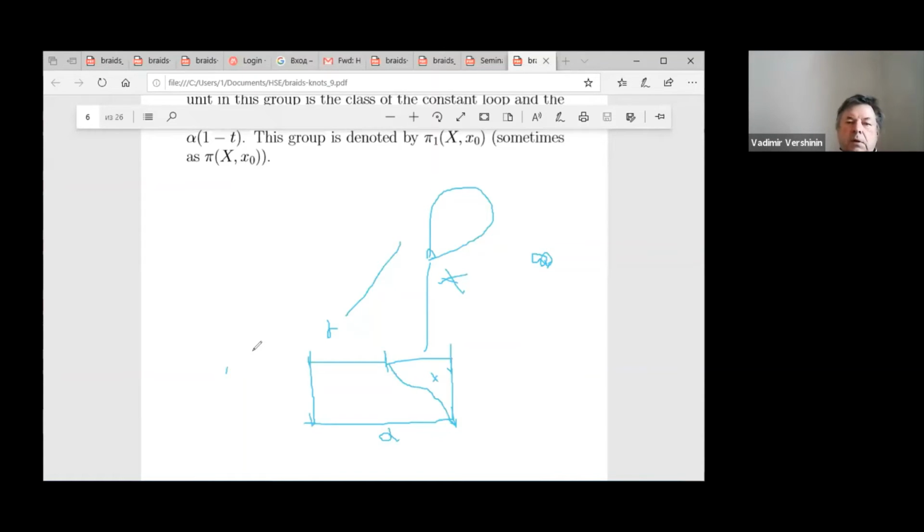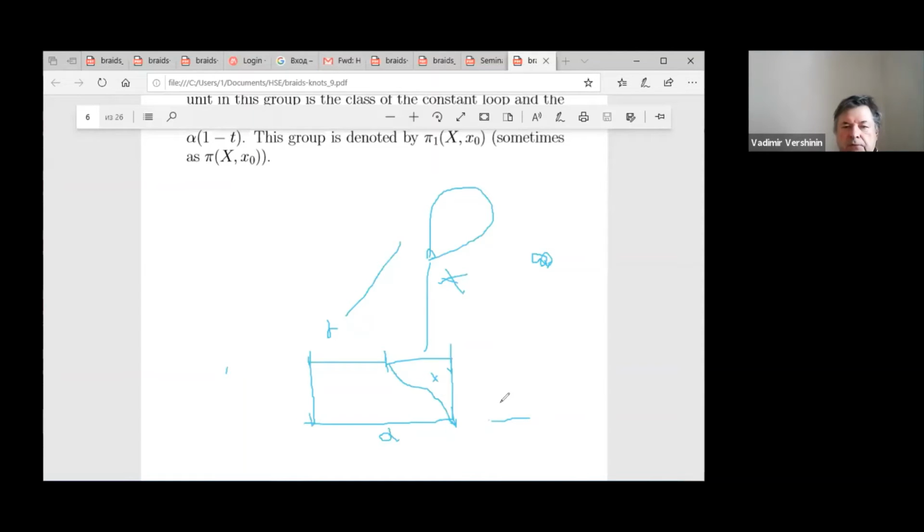So you see that this multiplication has a neutral element, the constant loop, only if you pass from loops to homotopy classes of loops. Then this multiplication will have a unit. The same way it will have the inverse element.